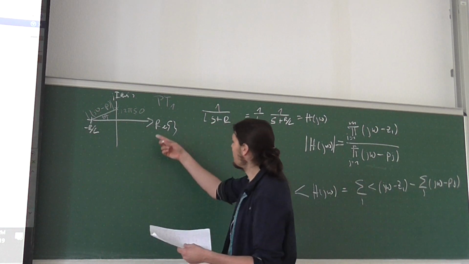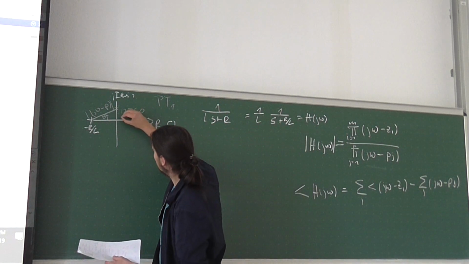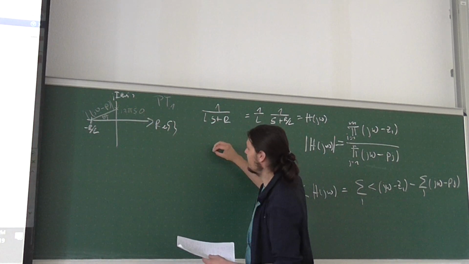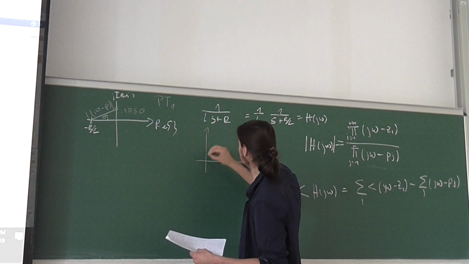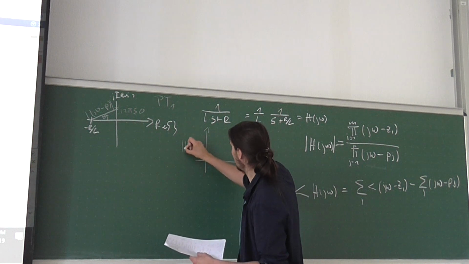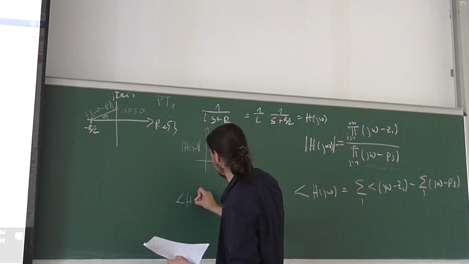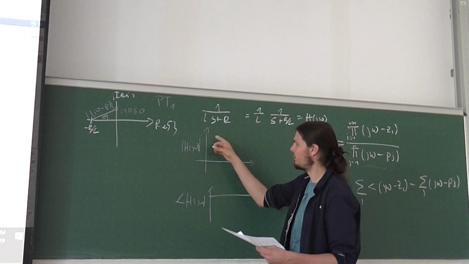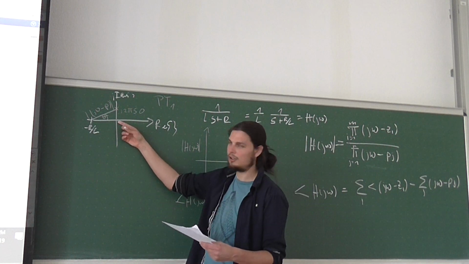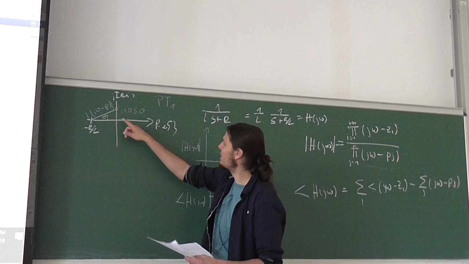Okay, and if we now think about this and we want to draw this over frequency, what angle would we start with? What would be the amplitude at the beginning? Let's look at amplitude and angle.